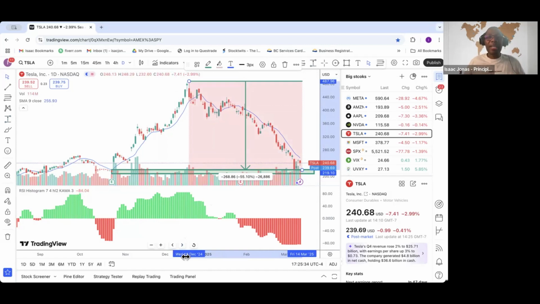And it basically erased all the post-Trump election win gains. This means that if someone got in at this top, they are underwater. Now, my strategy is that if I am investing for the long term, I have to understand the fundamentals.